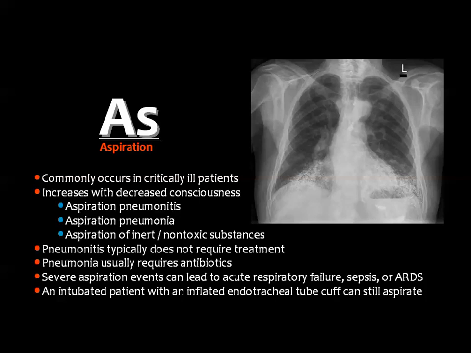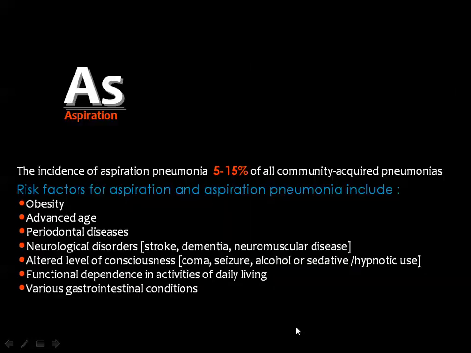In patients who are intubated, they can also aspirate in spite of the presence of the endotracheal tube with inflated cuff. The incidence of aspiration pneumonia in the ICU unit is about 5 to 15 percent of all community acquired pneumonia.